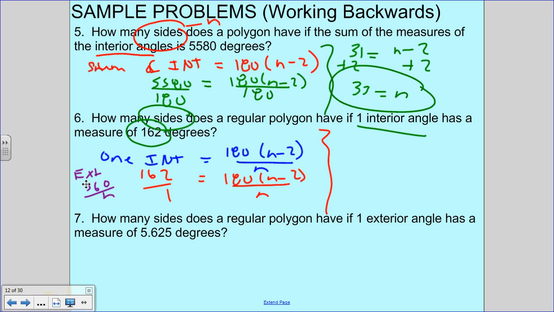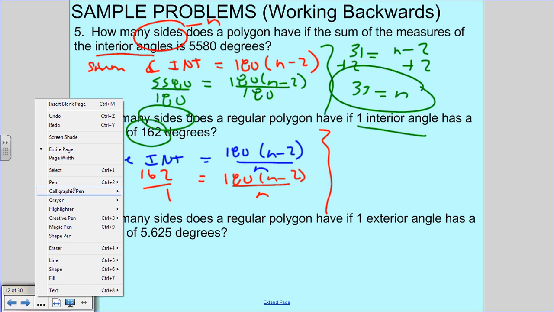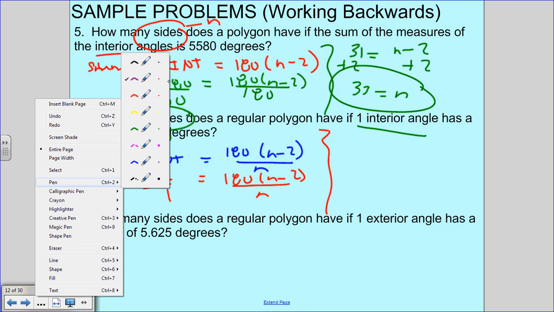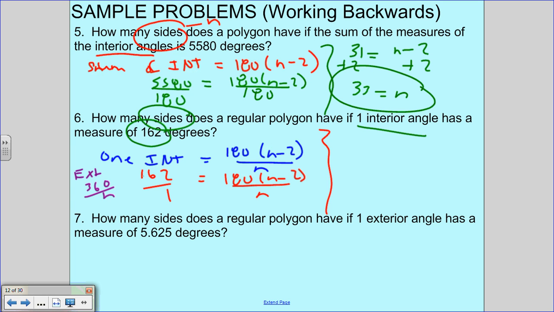So it's going to have n in less places and it'd be easier to manipulate. So what we're going to do is, if we know that the interior is 162, what would the exterior need to be? 180 minus that, which would be the exterior would equal 18.